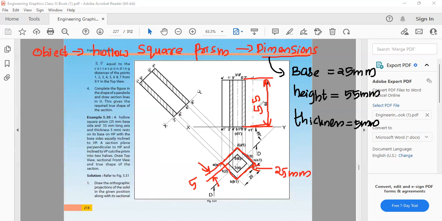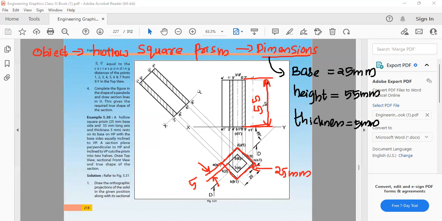So here what is the top view? Here the object is a hollow square prism. So what is the top view? There are two squares. Okay, then front view. Front view is a rectangle.